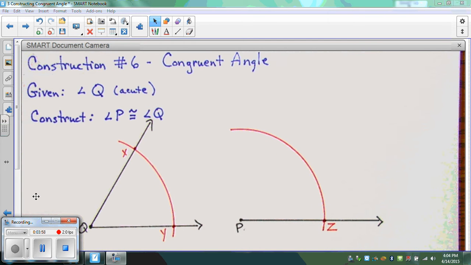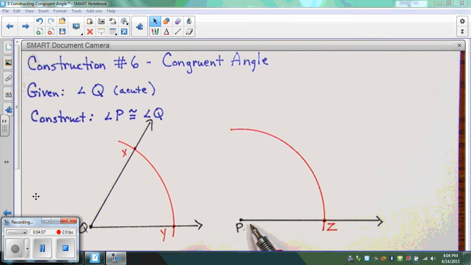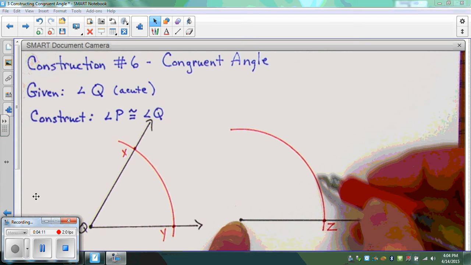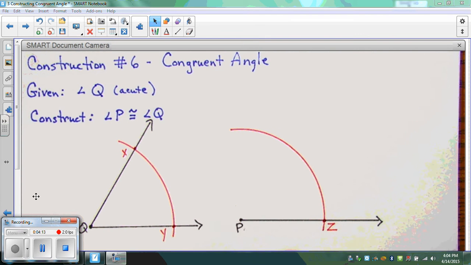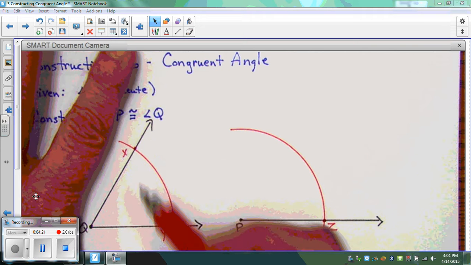Okay, let's go back to that circle thing again. If Q is the center of a circle, and this red arc is the circle, and now P is the center of another circle, and the red arc is part of a circle. These two circles, remember, we made them with the same arc, so they have equal radii. This angle Q is essentially a central angle.